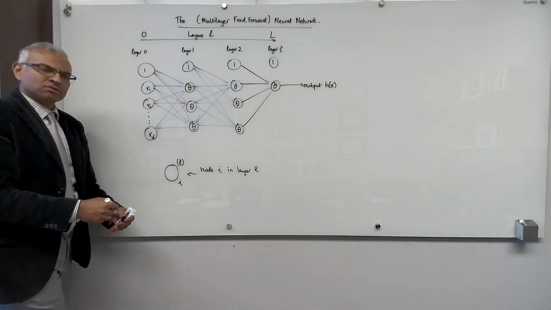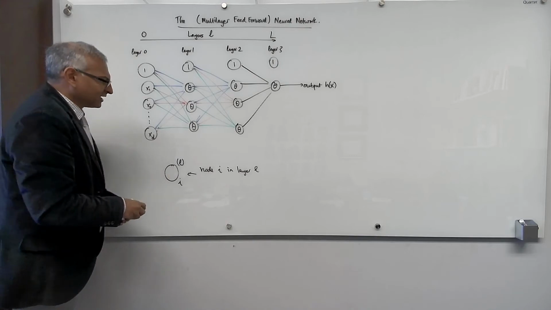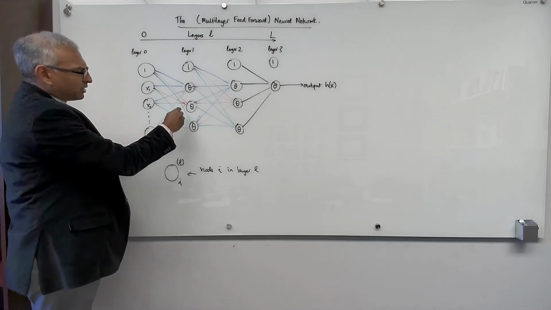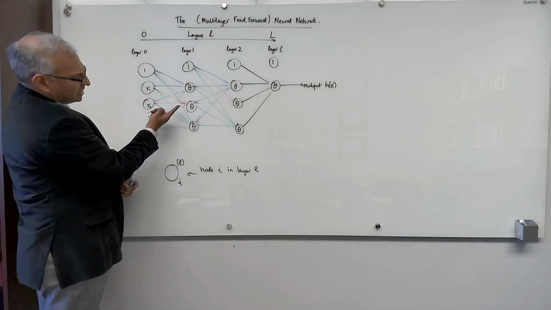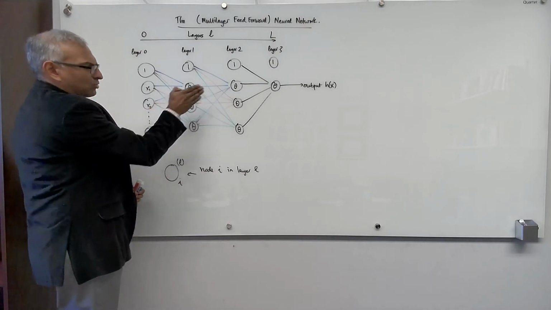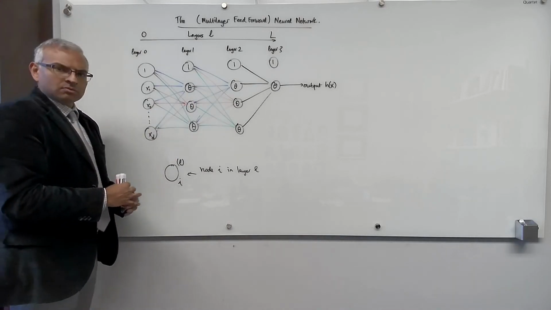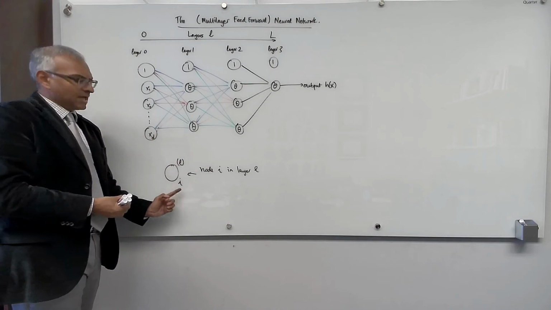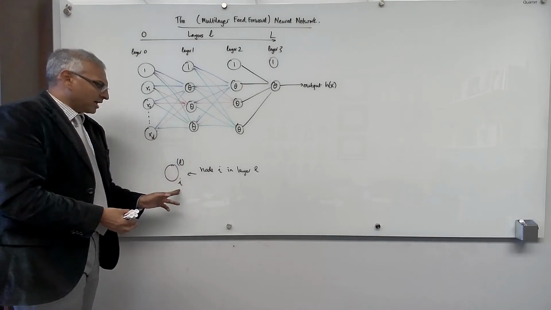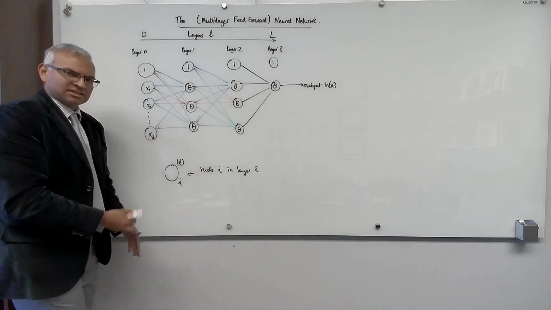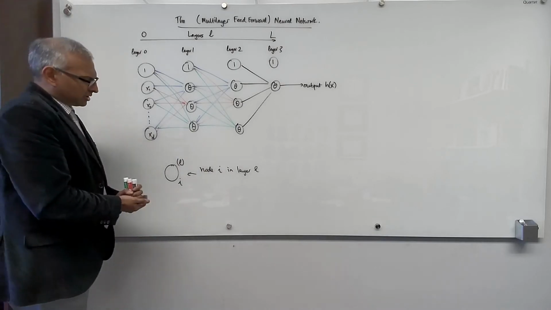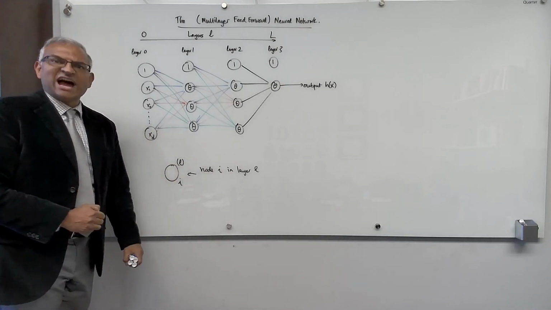If we want to refer to a quantity particular to a node, let's say the input to this node, or the output of this node, we could talk about the input, L i. That's the input to node i in layer L, or the output L i, which would be the output of a node in layer L at position i.